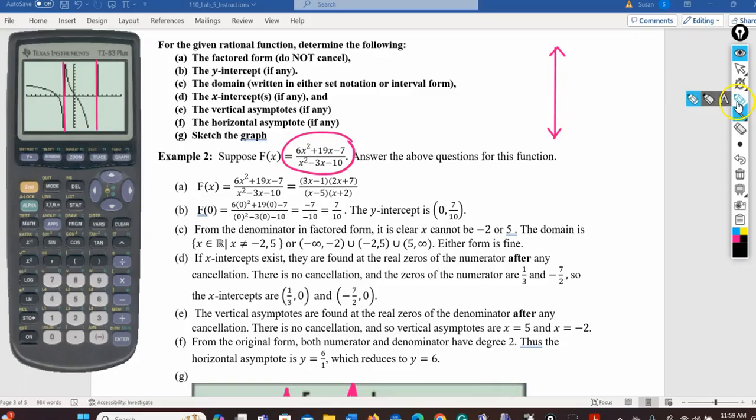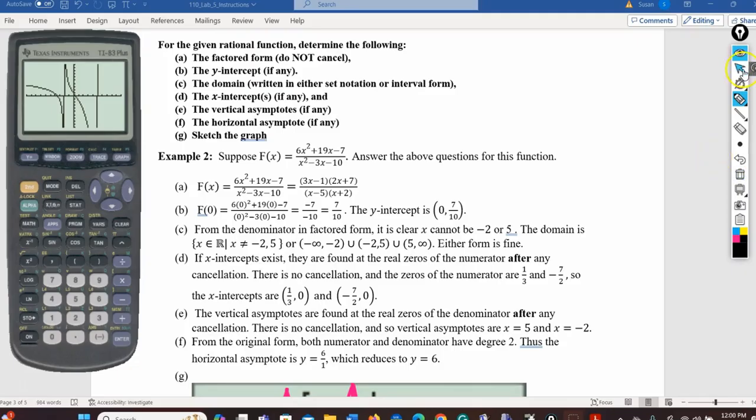We have part of the graph here, I'm just trying to do this freehand, and we have a section of graph here. But there's nothing showing up on this side. And that does not mean that there's nothing there. That means that you haven't chosen a proper window to see what's there.